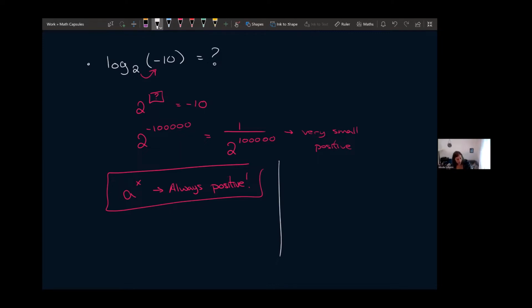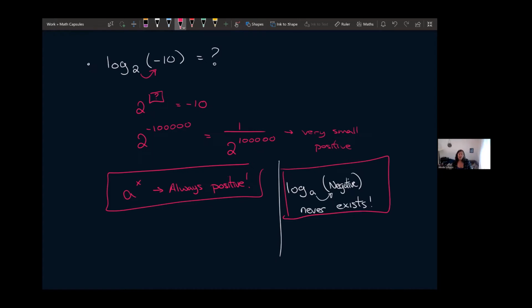So the corresponding fact about logarithms, no matter what base logarithm you're looking at, if you try to get the logarithm of a negative number, it's not going to work. There's never going to be an exponent that brings you to that negative number. So this will never exist. It will always be undefined.